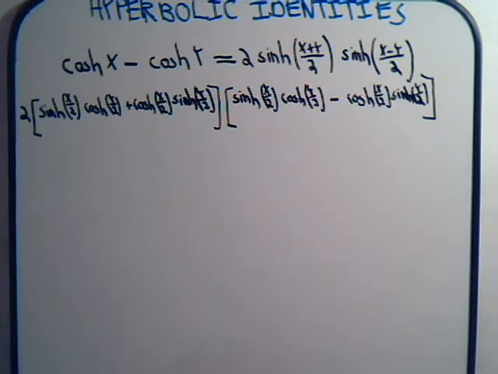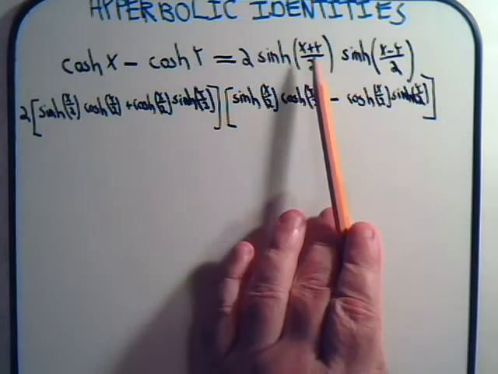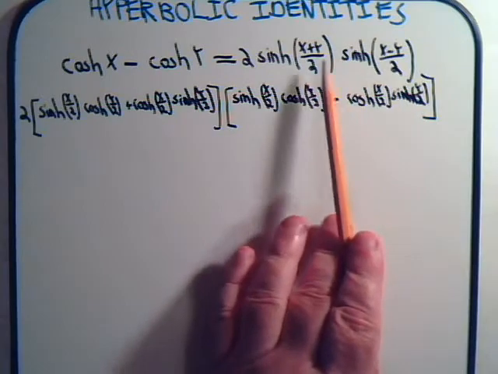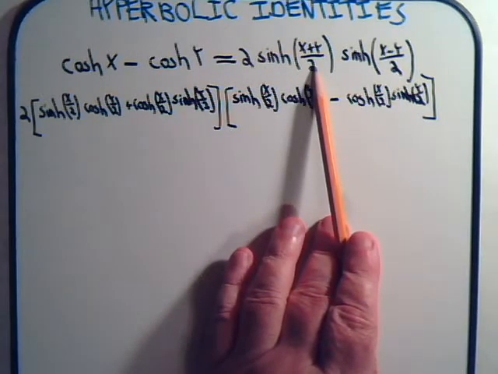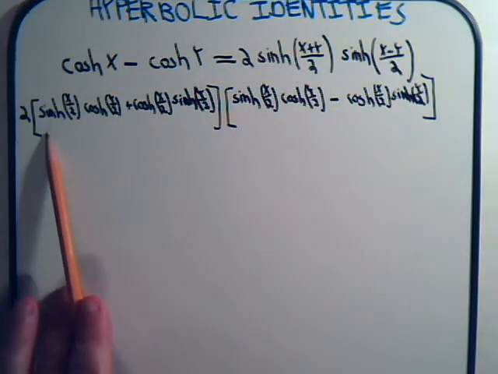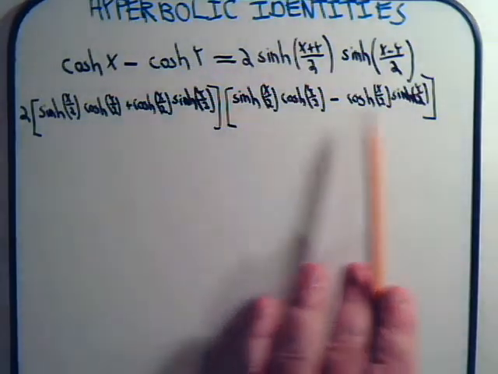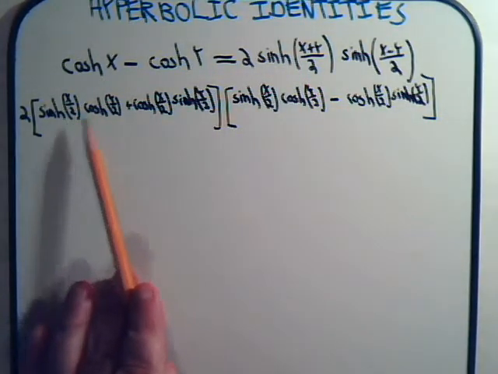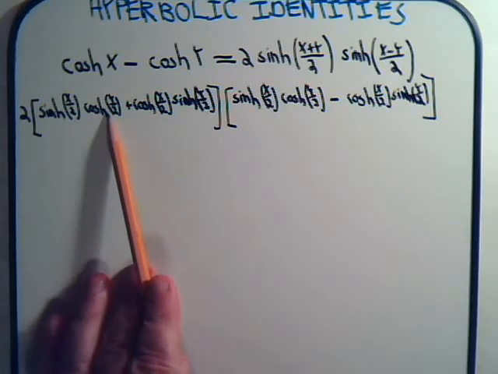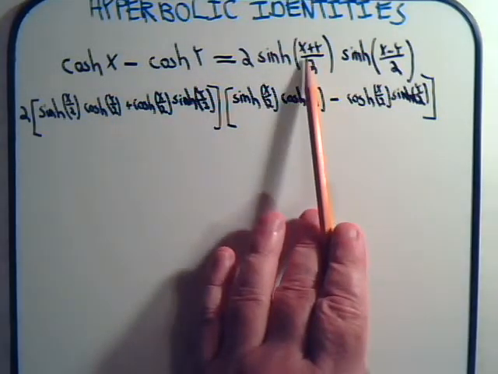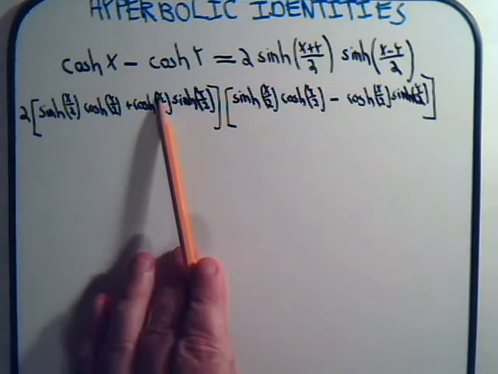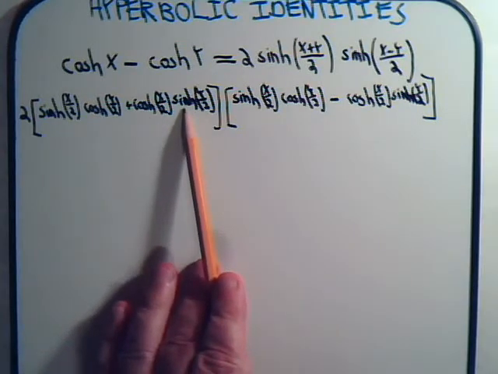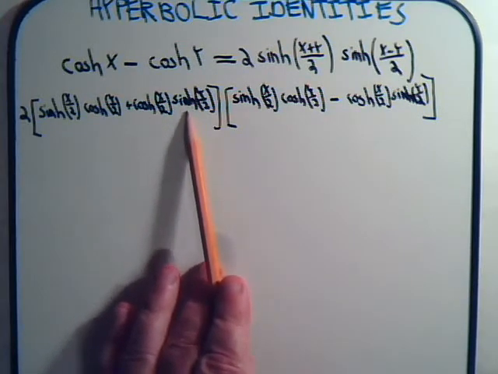So what we had done is we had taken each of these and expanded them out based upon their identities, and that's what this is right here. This would be hyperbolic sine of x over 2, hyperbolic cosine of y over 2, plus the hyperbolic cosine of x over 2 times the hyperbolic sine of y over 2.